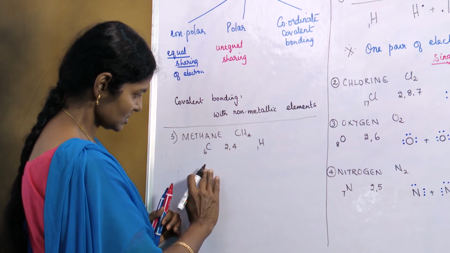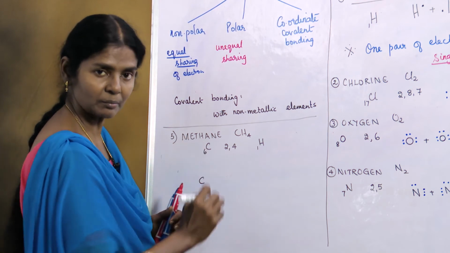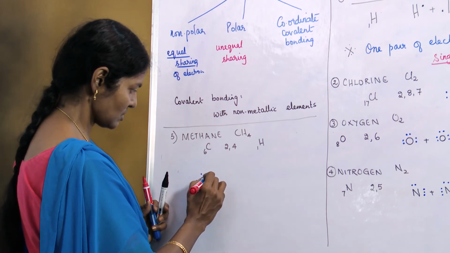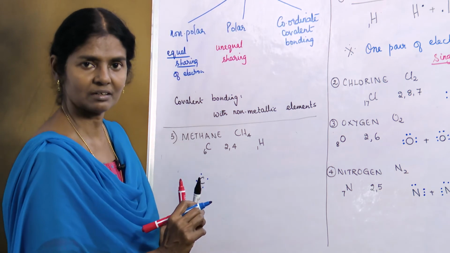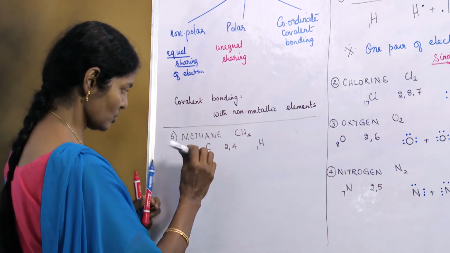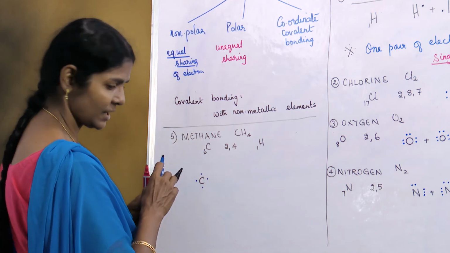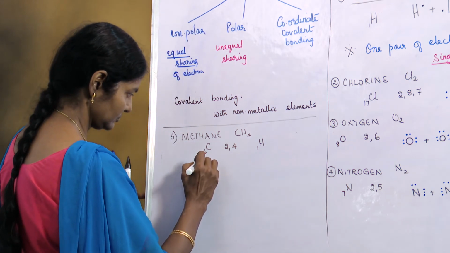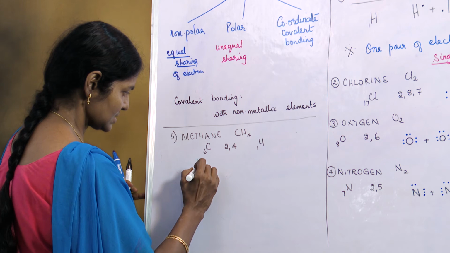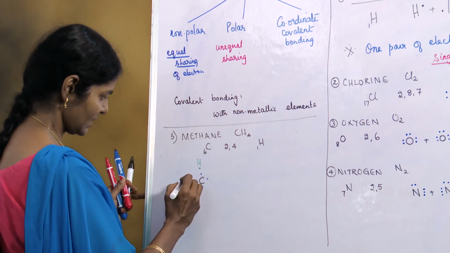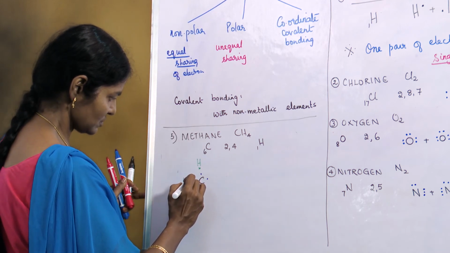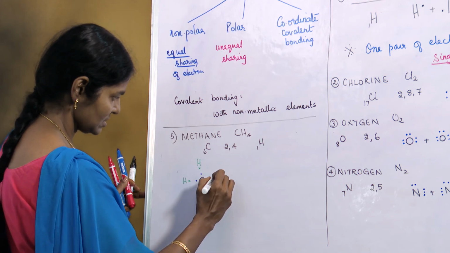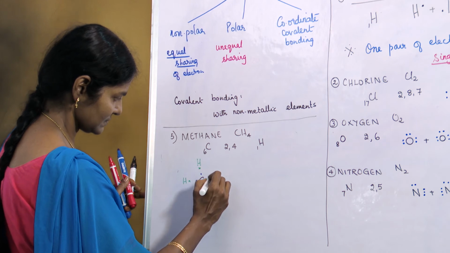electron dot structure. Let us take carbon with 4 electrons on 4 sides. It needs 4 more. Now let us take hydrogen. This has 1 here. And another hydrogen with 1 electron, 1 more hydrogen and another here.